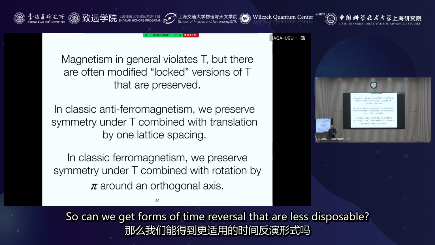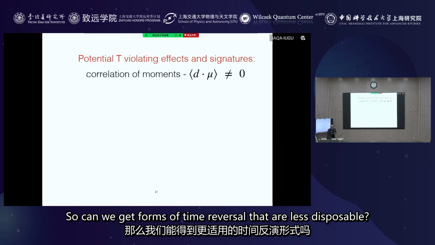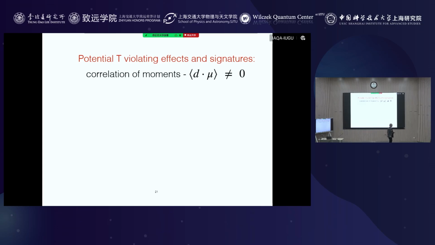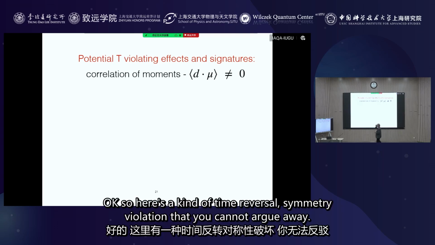Okay, so can we get forms of time reversal violation that are less disposable? And how will we tell when we have them? Okay, so here's a kind of time reversal symmetry violation that you cannot argue away.